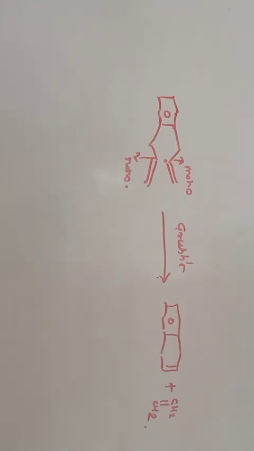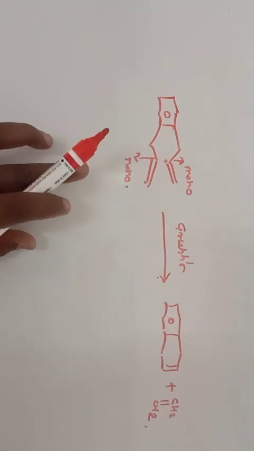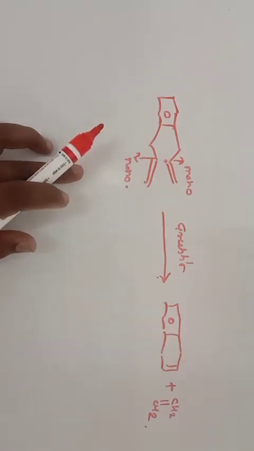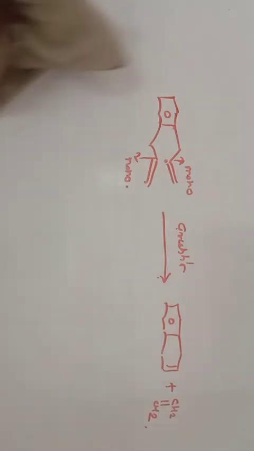The Grubbs second generation catalyst is used for tri or tetra substituted alkenes, but in this lecture we are interested only up to Grubbs first generation catalyst. So let us discuss the mechanism of this catalyst.